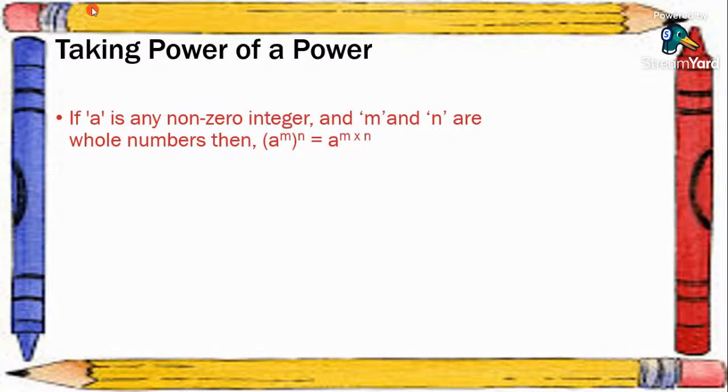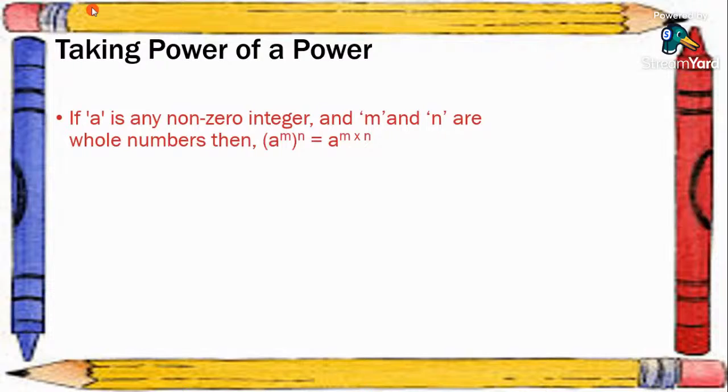Now you can see here a is a non-zero integer, as we know. a to the power of m is one power, and this whole power has another exponent, like 12 to the power of 2 whole to the power of 6.